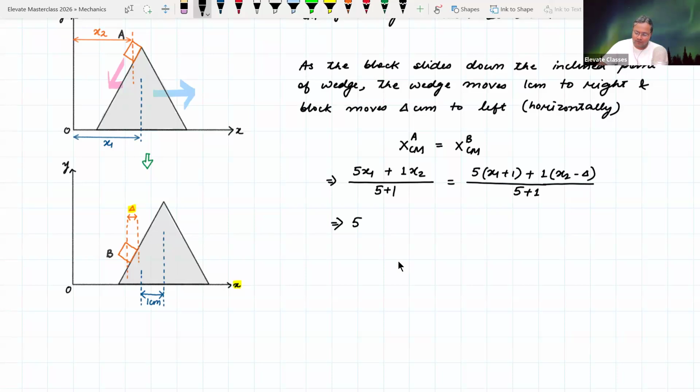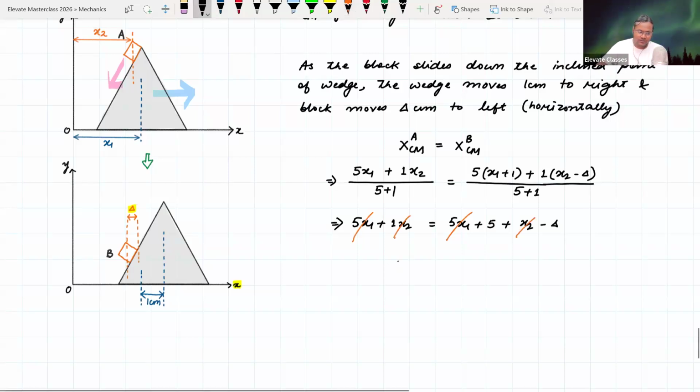Now we solve it. 5x1 plus 1x2 is equal to 5x1 plus 5 plus x2 minus del. So 5x1 cancels, x2 cancels. So what do we get? Del is equal to 5 centimeters. That means the block has shifted horizontally to the left by 5 centimeters.